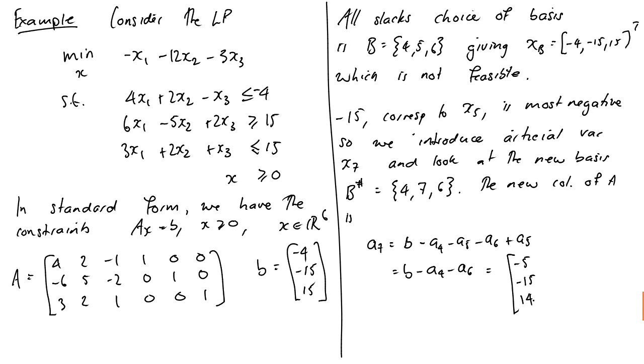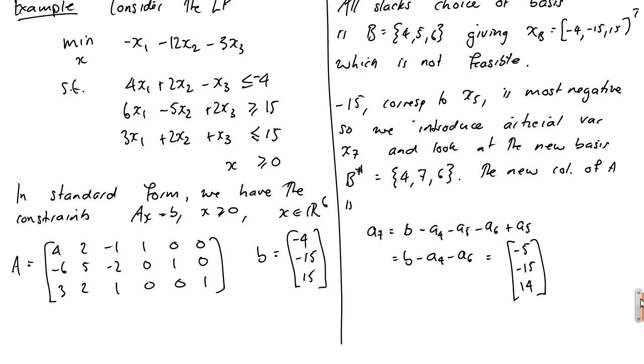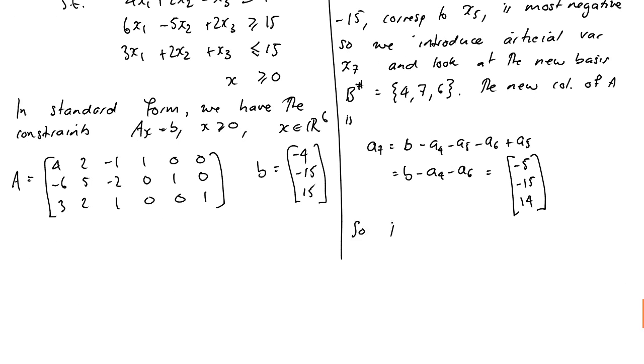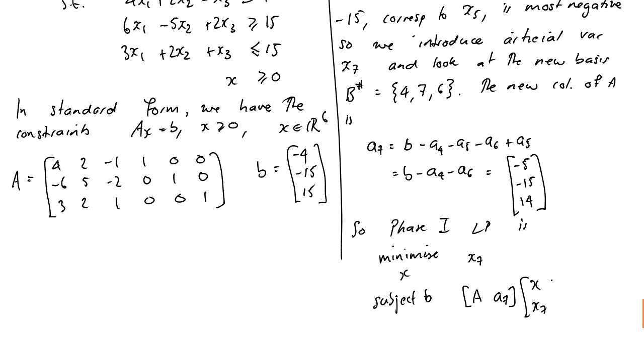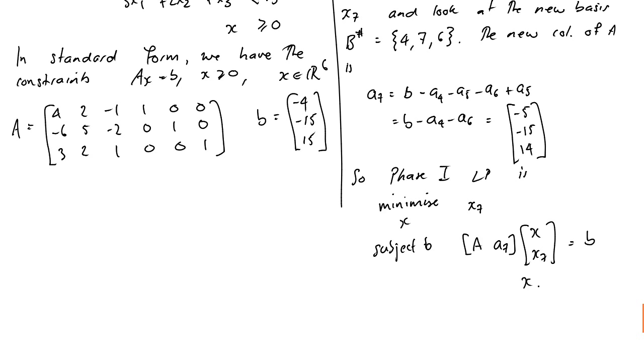So the phase 1 linear program is minimize x7 over x, x7, subject to A, A7 times x, x7 equals b, and our x's are greater than or equal to 0.